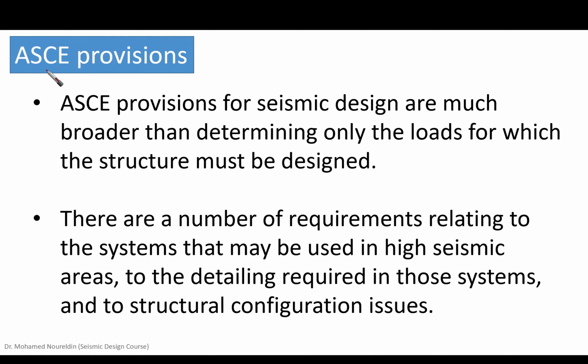In general, ASCE is the American Society for Civil Engineers guideline. It's considered now to be the most important guideline for seismic design and detailing for those who are interested in seismic engineering and seismic design.